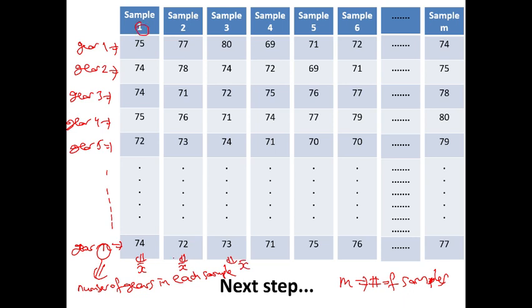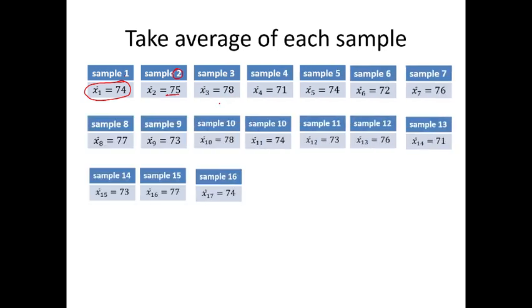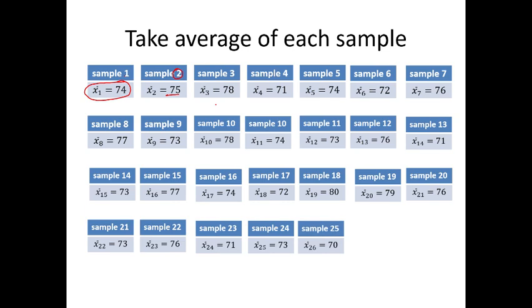This is sample 1, the average of sample 1, sample 2, the average of sample 2, sample 3, the average of sample 3, and then sample 4, sample 5. This way we are taking the average of each sample, and finally we have sample n. Then we just write them. For sample 1, say that you got the average as 74, sample 2, 75. You do this for all of your samples up to sample n.